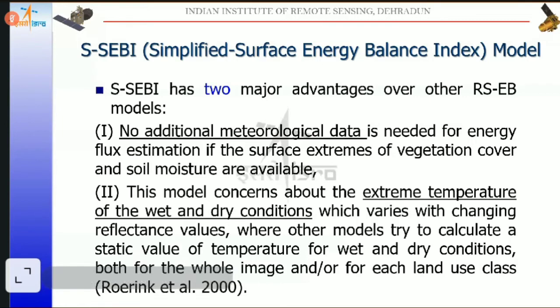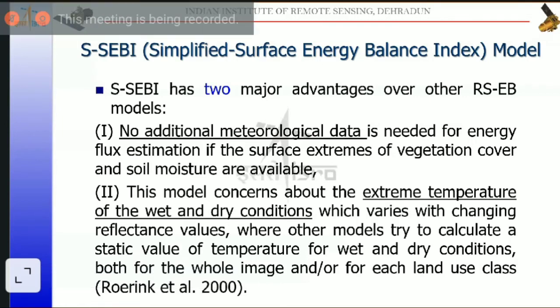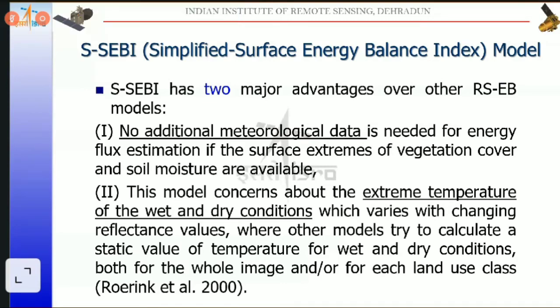S-SEBI is a simplified surface energy balance index model, and it has two major advantages over other remote sensing energy balance models. The first is that the data sets required for estimation of the ET fraction as well as crop transpiration are available if the surface extremes of vegetation cover and soil moisture are known. If you know the vegetation cover and what kind of crop or vegetation types are in the area, then we can easily calculate with the S-SEBI methodology.